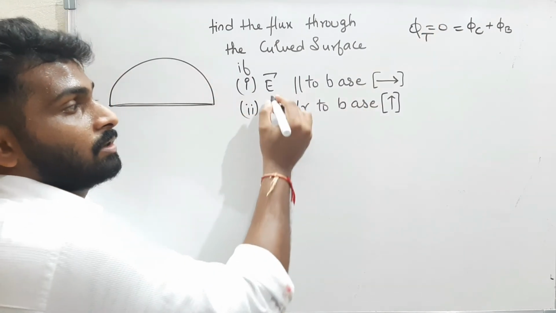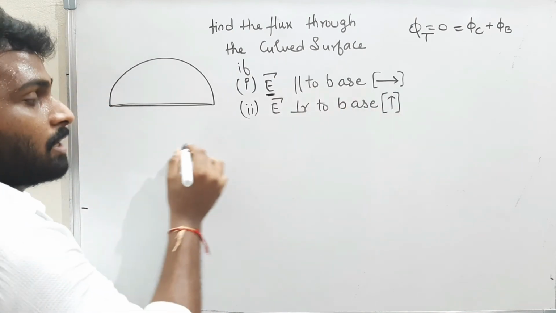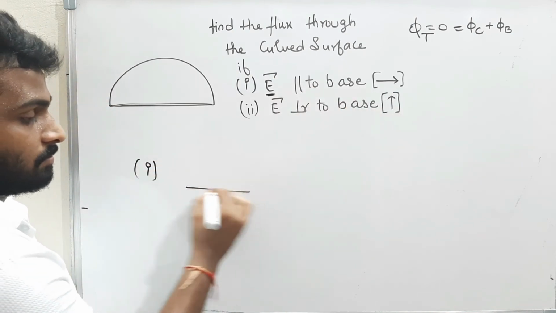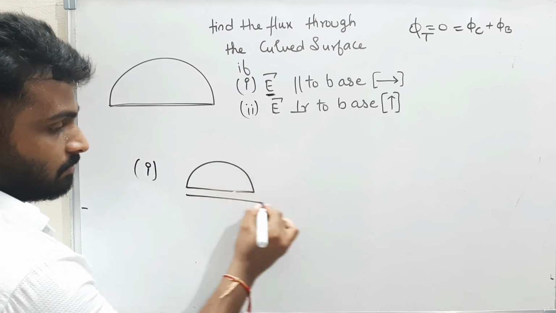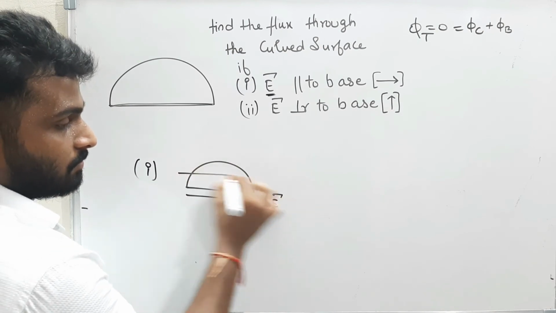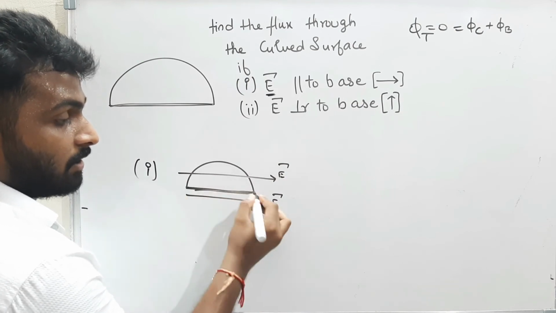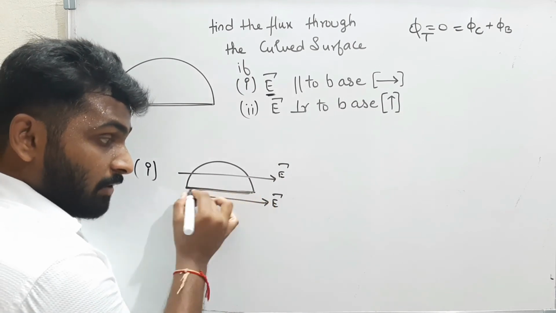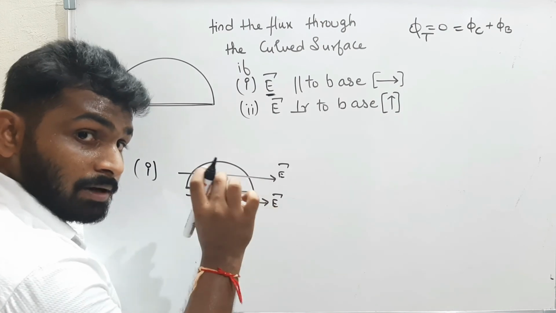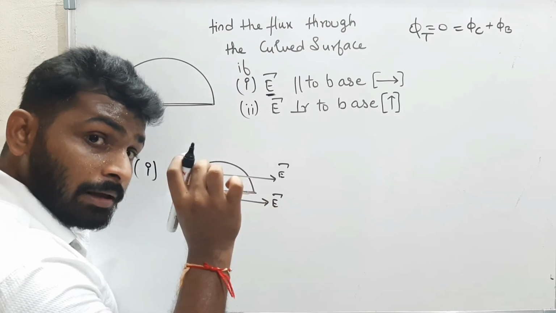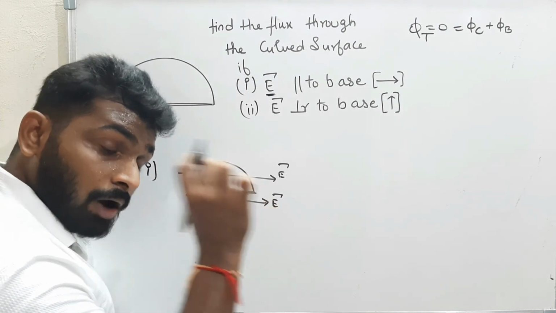Now we said the electric field is parallel to the base. That means the electric field direction is like this. And for the base, what is the area vector? For this base, the area vector is perpendicular to the base and must be projected outwards like this.